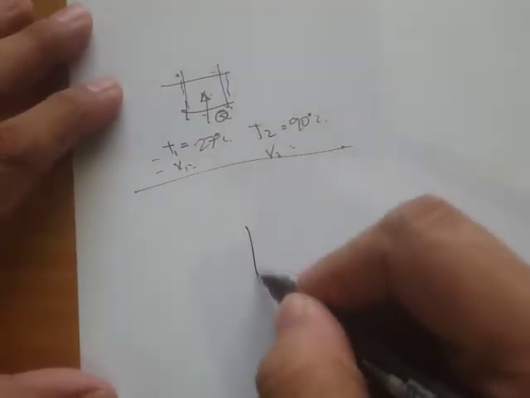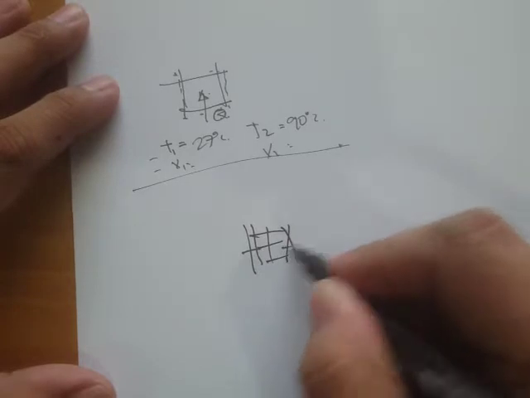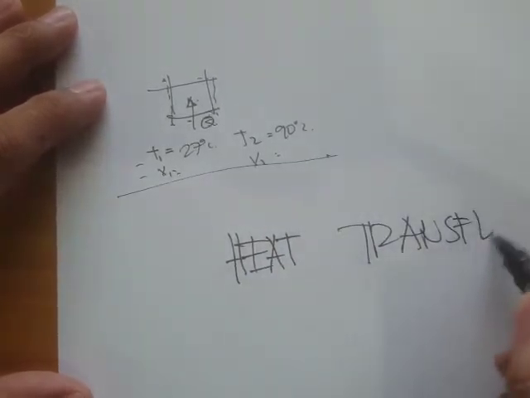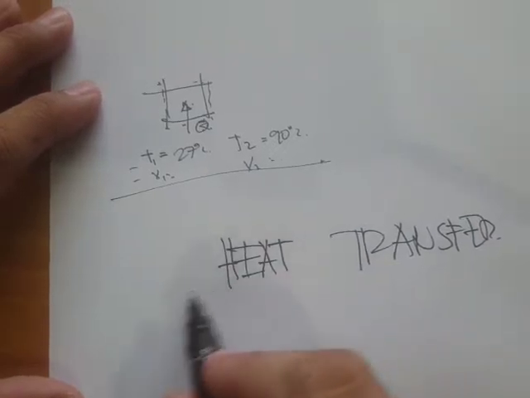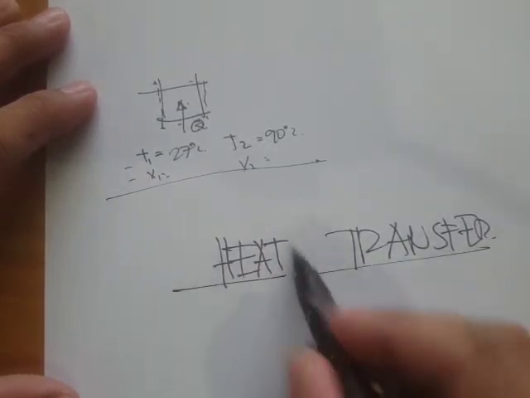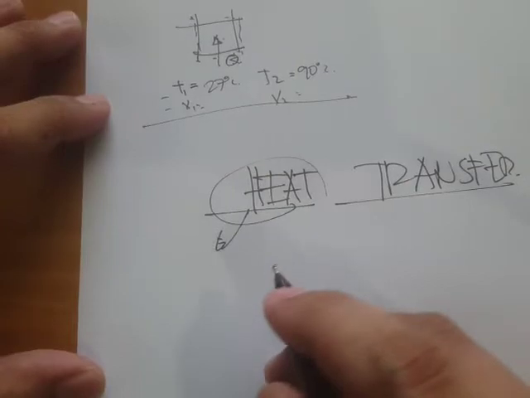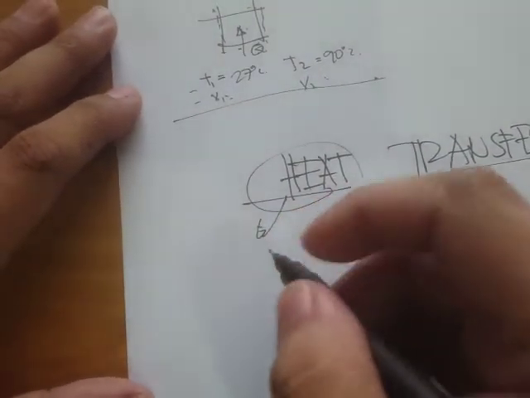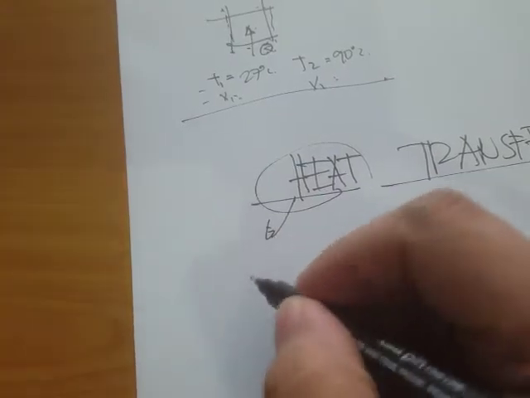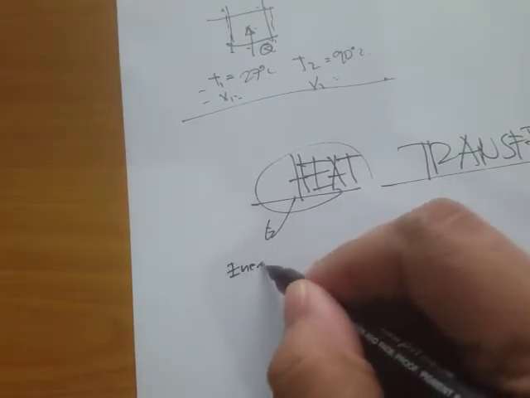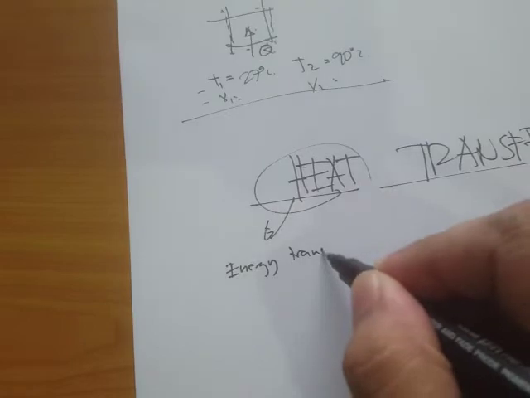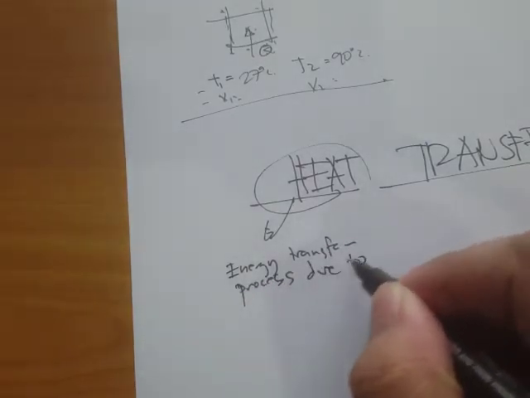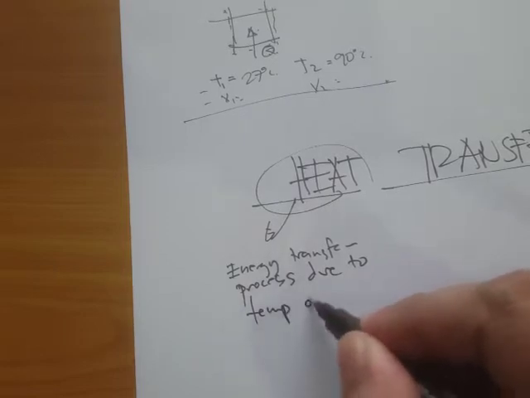Okay, now let's start with the words heat transfer. Let's define what is heat and what is transfer. There's a lot of description about heat, and one description is that heat is an energy transfer process due to temperature difference.